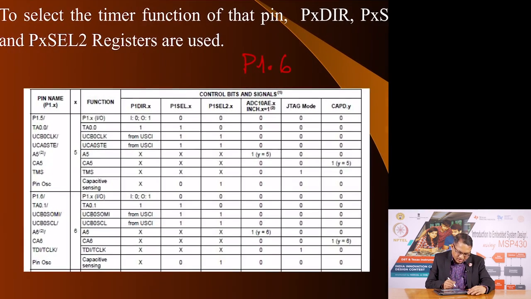In the P1DIR register it is 1, so that it is an output. P1SEL we will write 1, P1SEL2 we will write 0, and for the rest we will write 0. You must program the port 1 registers in this fashion, so that P1.6 can act as a PWM output signal associated with timer 0.